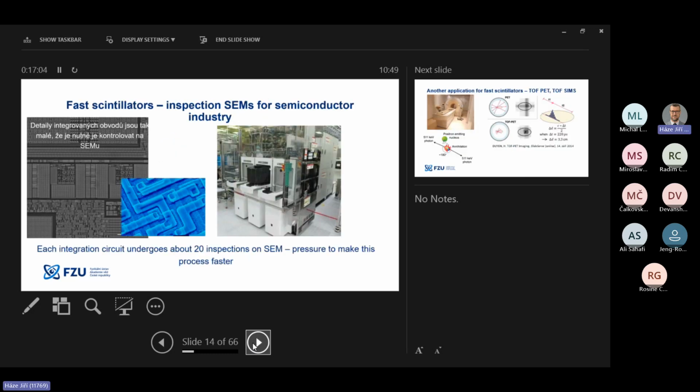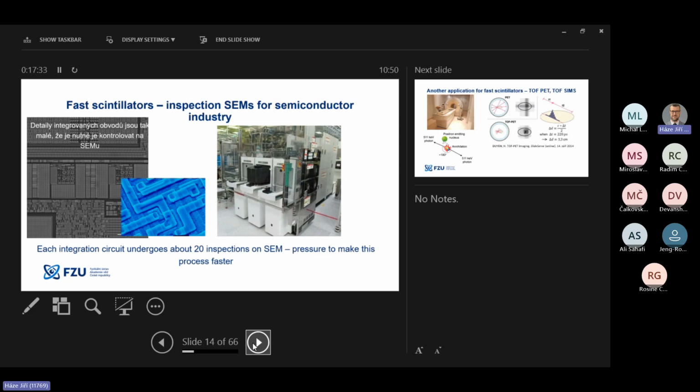For instance, for electron microscopes, as you know, we are in Brno, so electron microscopy is something like the capital of electron microscopy here. Electron microscopes are nowadays necessary for inspections of integrated circuits.